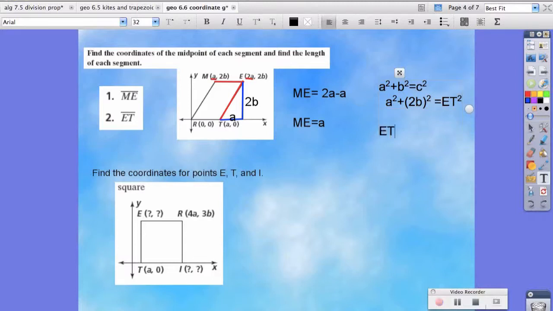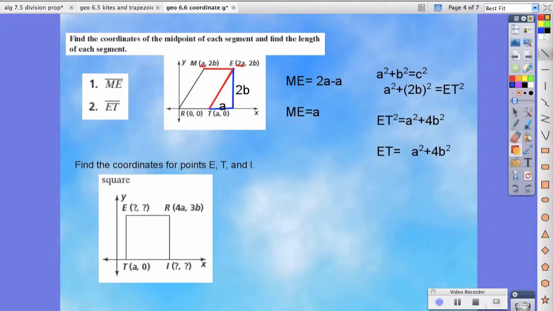So now that we have ET squared equals A squared plus 4B squared, then we know that ET is equal to the square root of A squared plus 4B squared. And let me draw in our square root sign. So ET is equal to this.